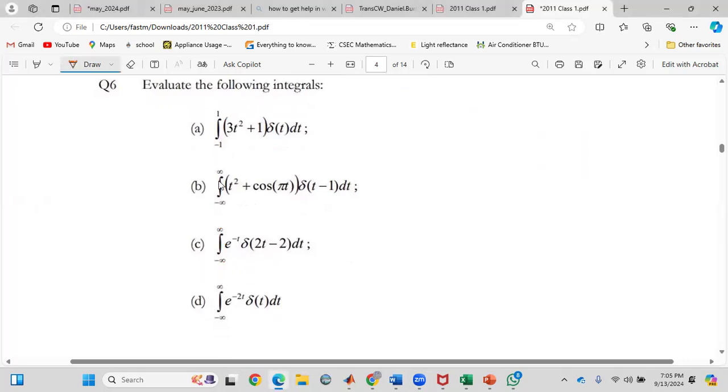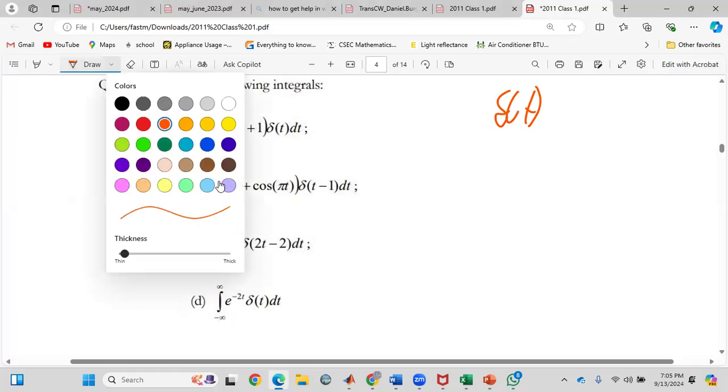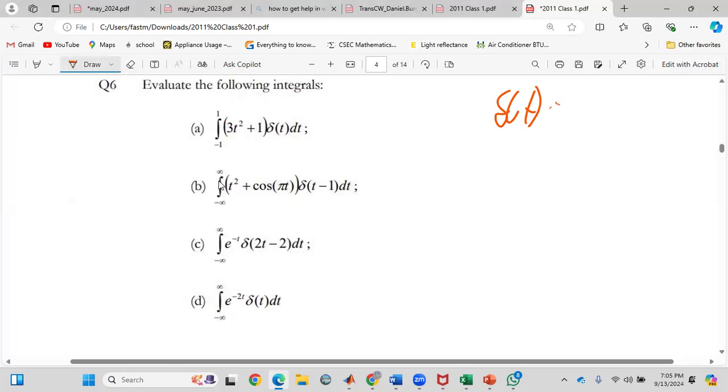So we have a function and we multiply it by an impulse. When you multiply something by an impulse, we just fetch the value at that specific point. Remember, this here is at 0, because it is just an impulse at 0.